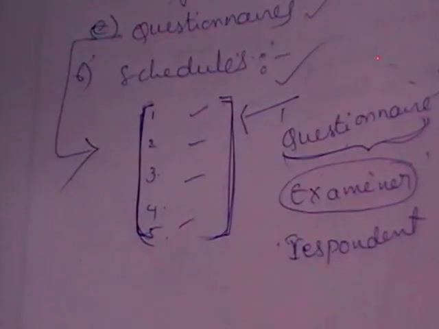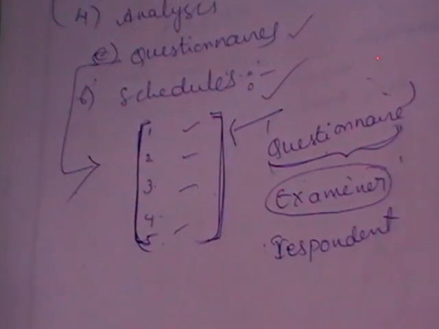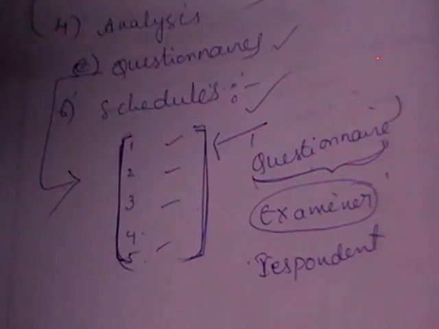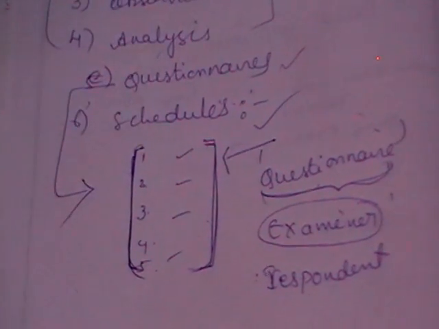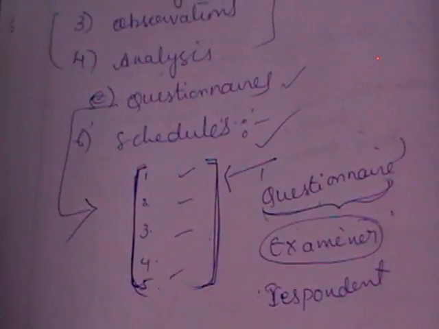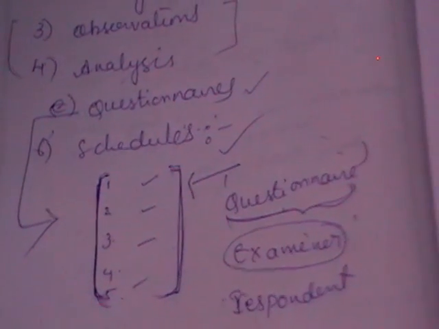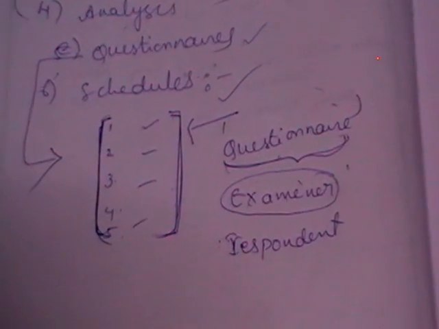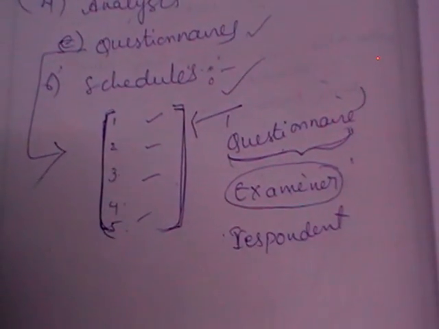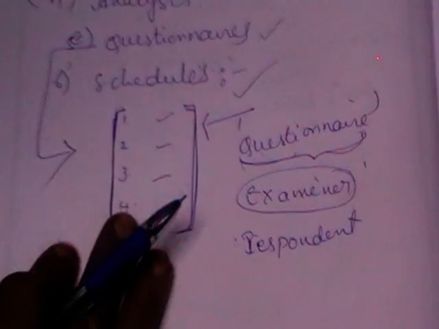A schedule also consists of a list of questions, but schedules are just circulated among the respondents, and it is the duty of the respondent to fill in the questionnaire. So both are lists of questions only.